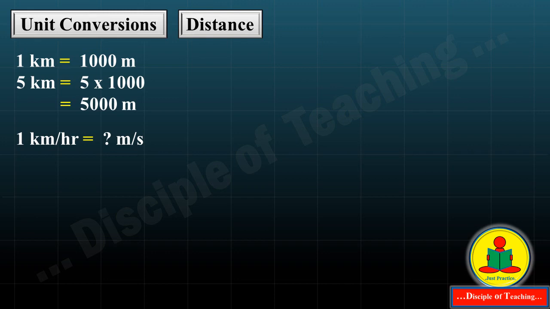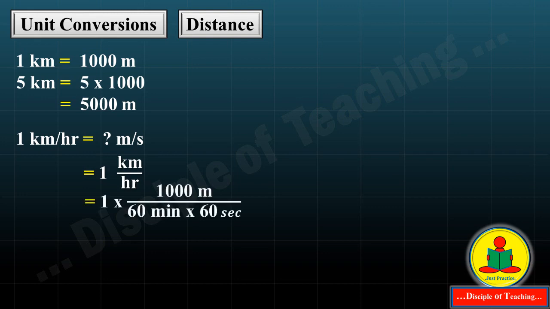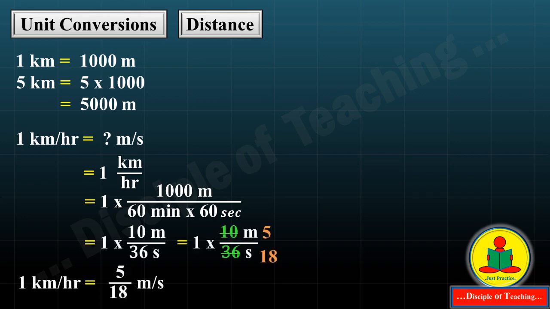To calculate this value, we have to convert the kilometer into meter by multiplying with 1000 and also convert the hour into seconds by dividing it with 2 times of 60, because 1 hour is 60 minutes and we know 1 minute is 60 seconds. On cancelling the values, we get 1 kilometer per hour is equal to 5 by 18 meter per second.